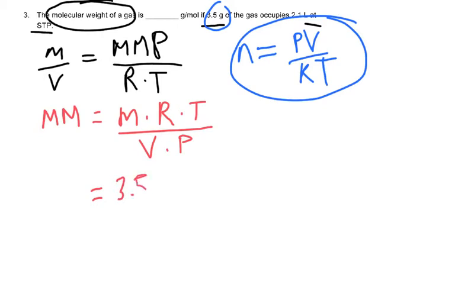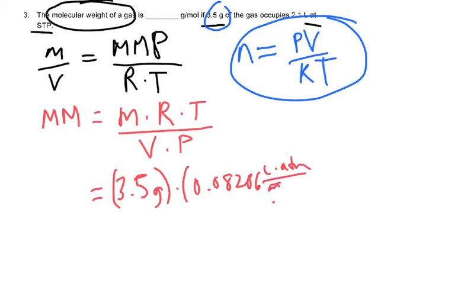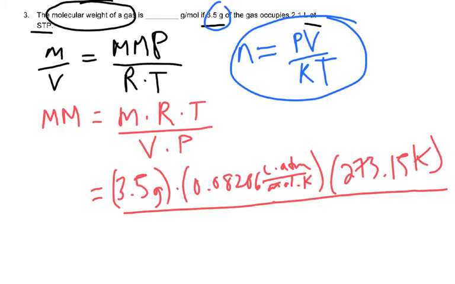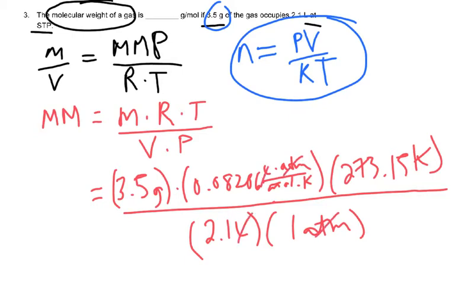Okay, so this would be 3.5 grams times R, which is 0.08206 liters times atmospheres over moles times kelvins, times T, which is 273.15 Kelvin at STP, divided by volume, which is 2.1 liters, times 1 atmosphere. So our liters cancel out, our atmospheres cancel out, our kelvins cancel out.